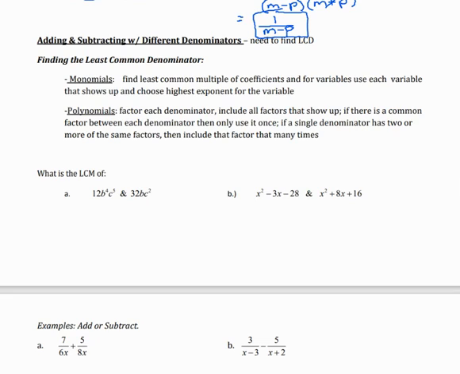We include all the factors that show up once we factor. However, if there's a common one amongst the two denominators or three denominators, we only need it once. But if a single denominator has two or more of the same factors, we need to include it that many times. So if x plus 4 shows up twice in one single denominator, use x plus 4 twice.